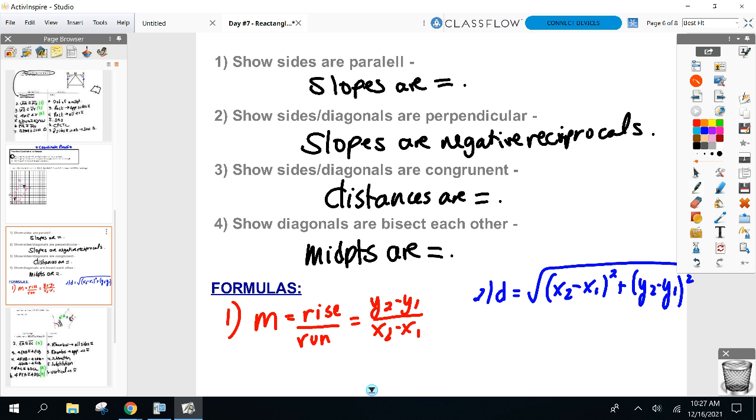And finally, midpoint. Let's review the midpoint formula. x1 plus x2 divided by 2, comma, y1 plus y2 divided by 2.